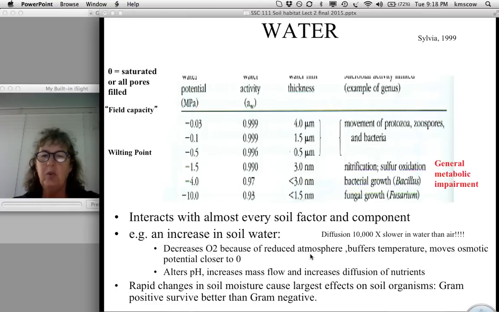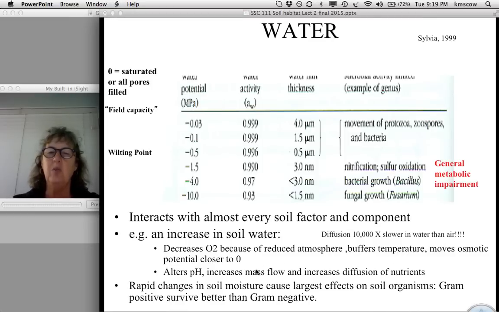Also, as you change water, you're going to buffer temperature more because the specific heat of the soil will change, and also the osmotic potential. For example, if you had a really salty soil to start with, when more water enters the soil, you're going to dilute those salts, so the osmotic potential will go closer to zero.